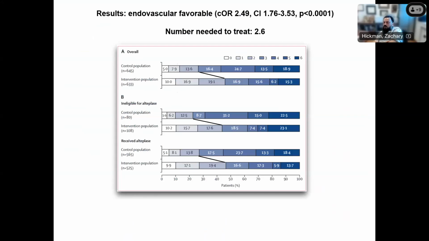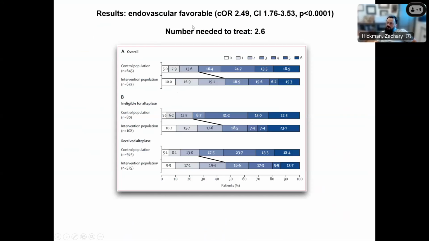For a long time, there wasn't really any good treatment other than TPA until people started looking to see if there was a way they could use neuroendovascular treatments to open up the blood vessel and reperfuse the area of the brain related to that blood vessel. There have been multiple different trials looking at this, and for a while the data was not great.